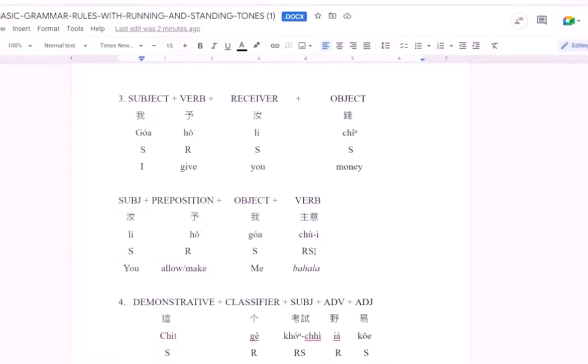And then we have running here as in zu'i, because it's a compound word, so all the syllables in the compound word except for the last syllable will be a running tone. So zu will be affected by a running tone. Zu yi, zu yi.